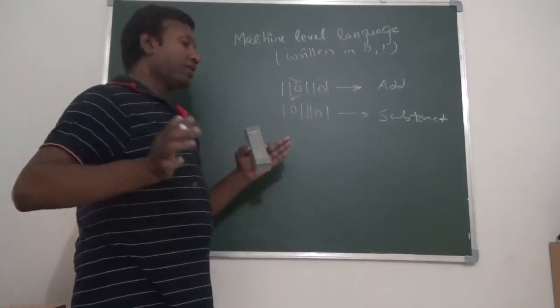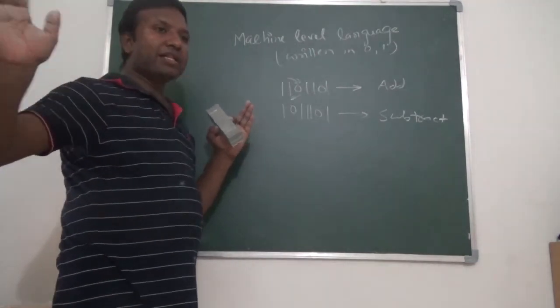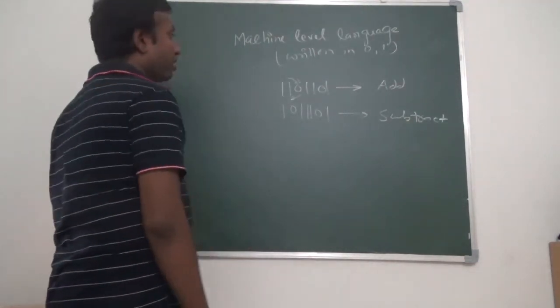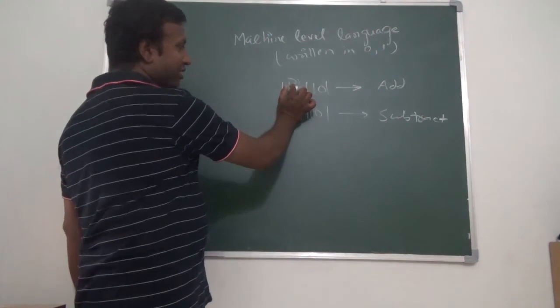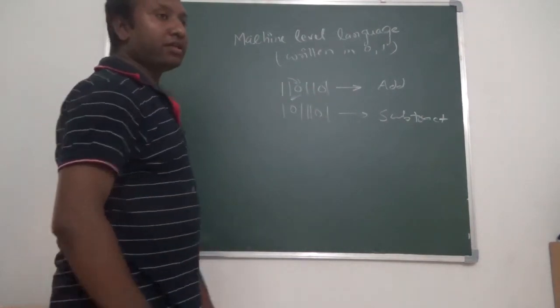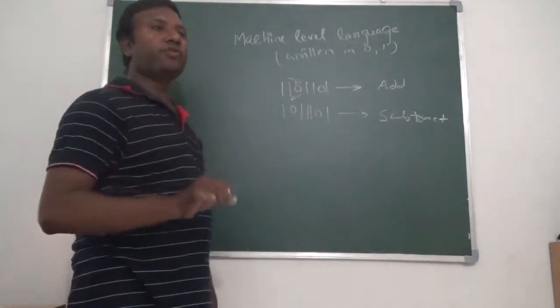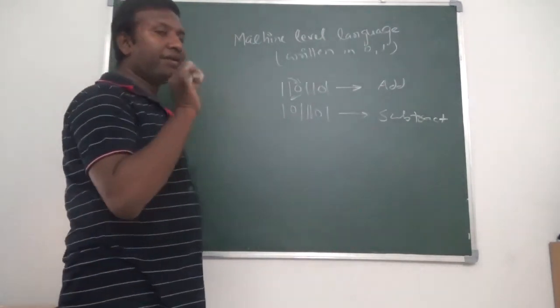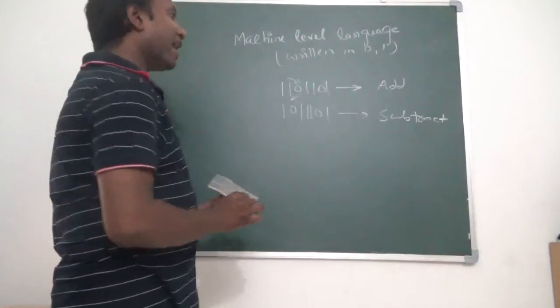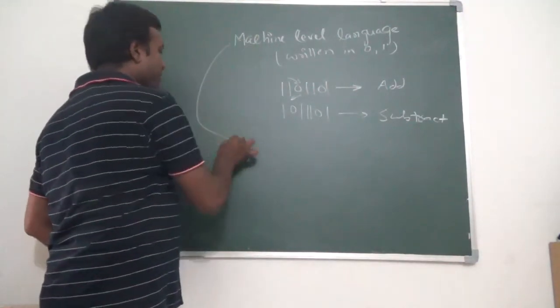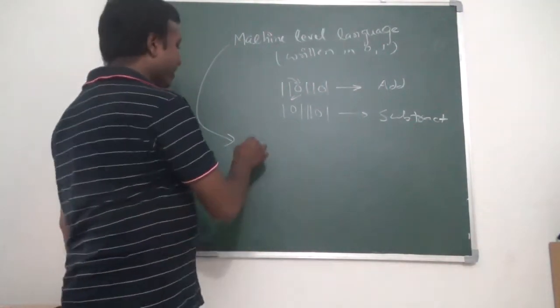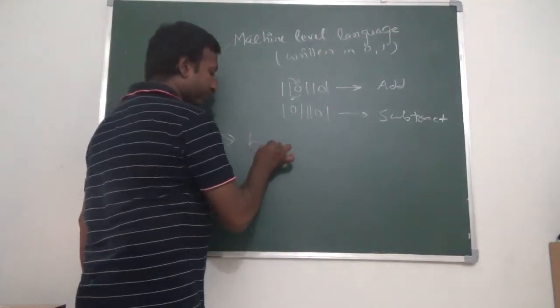Now in a large program, if there is a small mistake like this kind of exchange, it is very hard to find where we have made that mistake, right? And that is why machine level programs are very buggy.